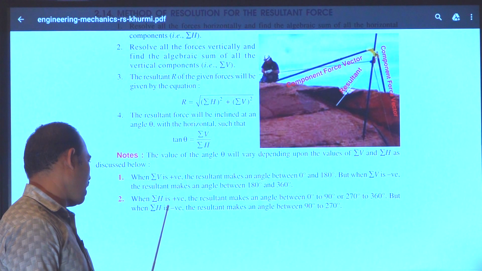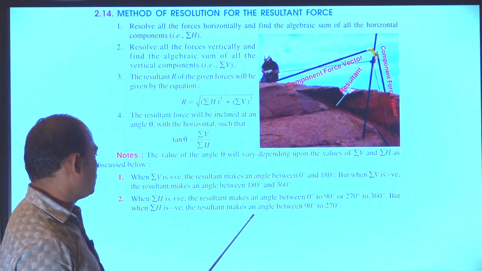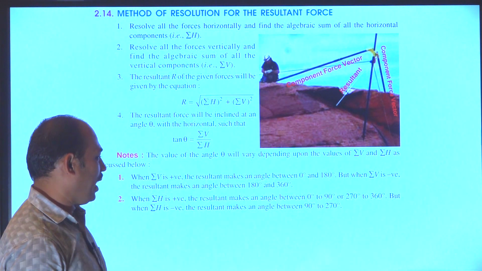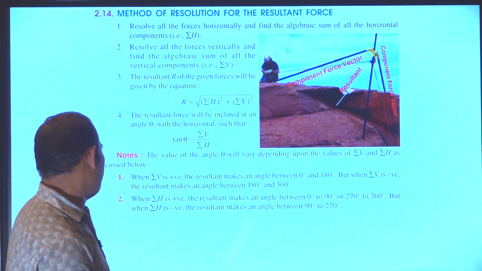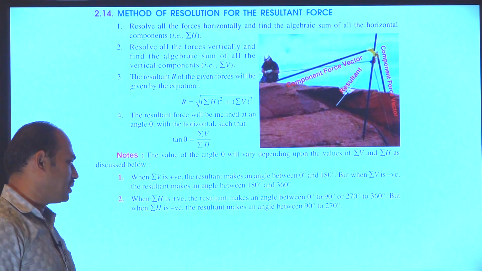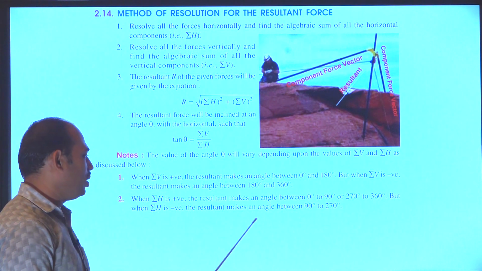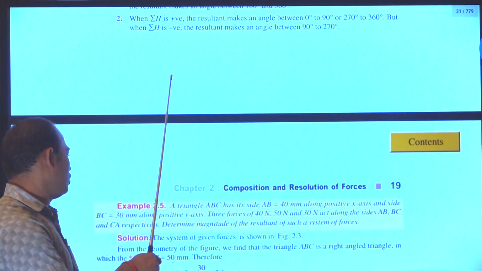When summation of H is positive, the resultant makes an angle between 0 to 90 degree or 270 to 360 degree. When summation of H is negative, the resultant makes an angle between 90 degree and 270 degree. So that's all.